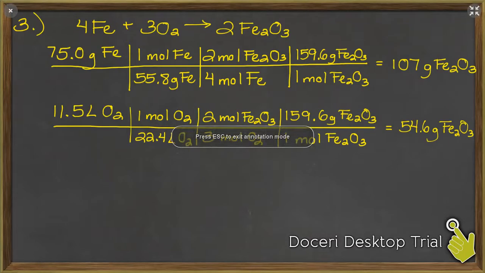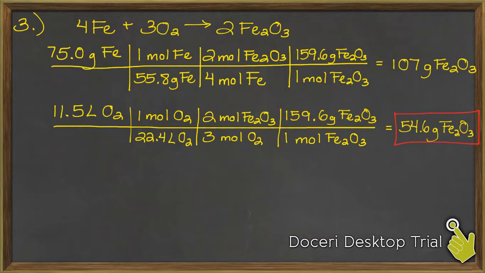As I said, I took each of the individual given values and went all the way to grams of the product. I can see that the second calculation gave me the smaller amount of product. But what letter A is actually asking for is which reactant is limiting.